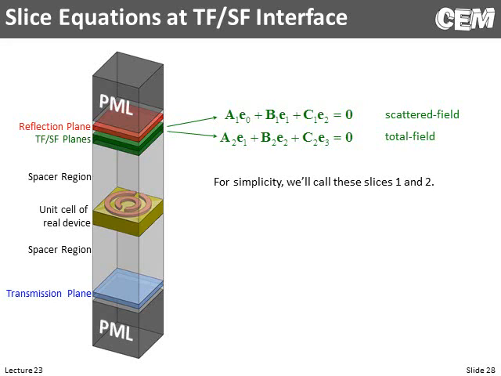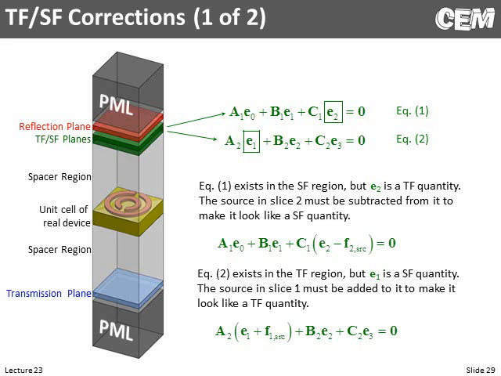So just for simplicity, I'm calling these slices 1 and 2, but the reality is it's probably slices 20 and 21 or something like that. But we'll just call them 1 and 2. Those are the ones spanning the interface between the total field and the scattered field. Okay, so in the first equation in the scattered field, the problem term is E2.